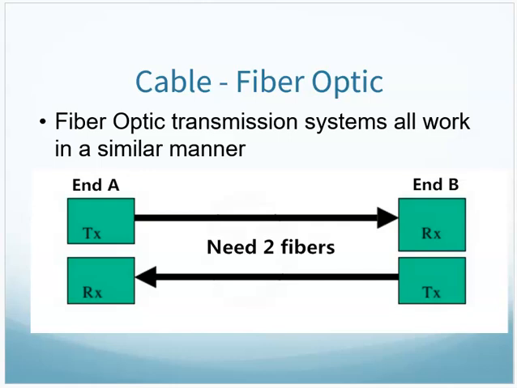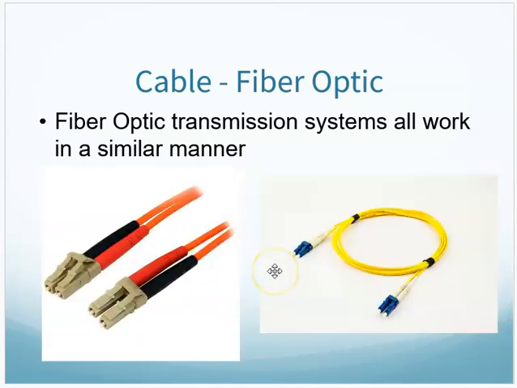A fiber optic connection is typically two fibers, one for sending in one direction and one for sending in the other direction. So we typically see this type of connection where there's two fibers to make up a single connection between two switches.